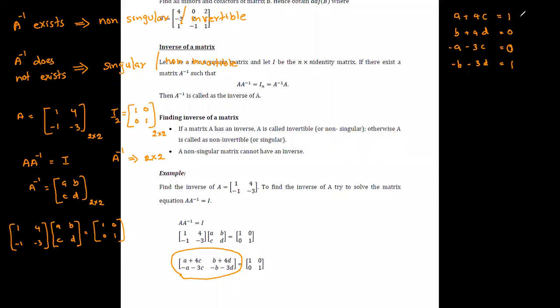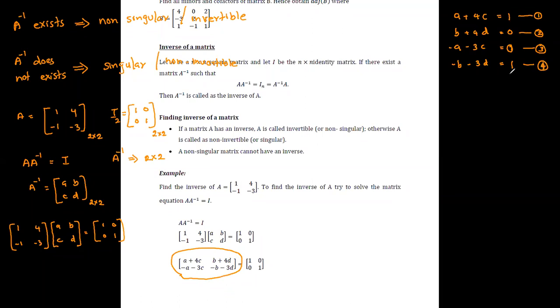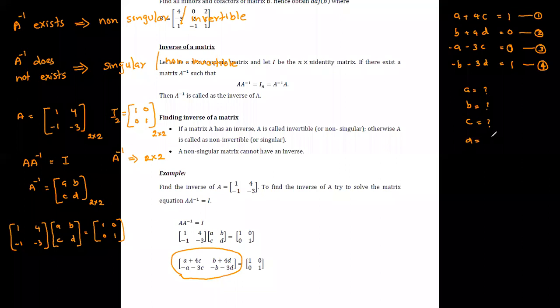Here we can see 4 linear simultaneous equations with 4 unknown variables. Solving these 4 simultaneous linear equations, we can identify the values for a, b, c and d.